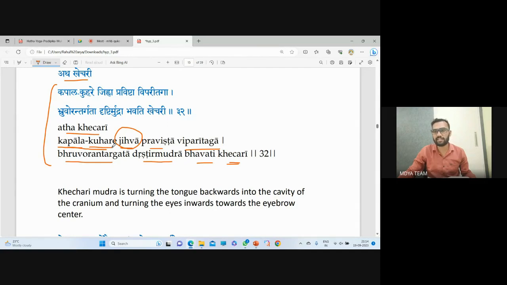In medical science, we call that empty space in our cranium a foramen. Kapal means cranium, our skull region. Jivhaya, the tongue, pravishta, enters. The tongue is going into this region.